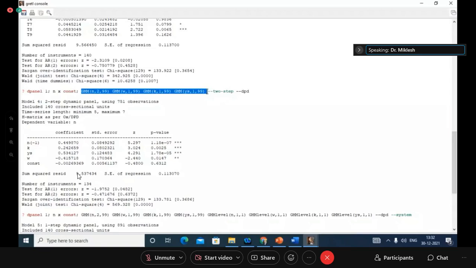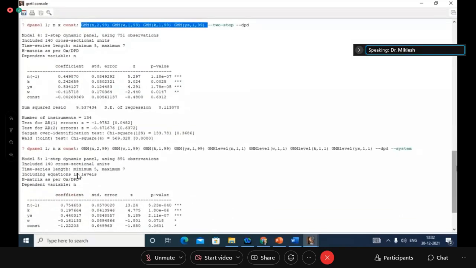So there is no requirement of two types of instruments. But by definition, in system GMM there are two equations. One equation is of difference and another equation is of level. That's why we have to put two types of instruments, up to this, and then we started from GMM level.